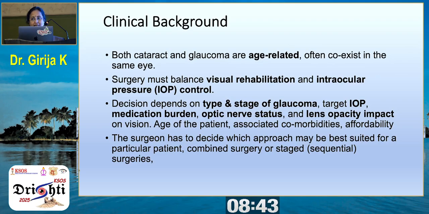And stage the glaucoma: what's the type of glaucoma, what target you want, the medication burden, whether the patient is compliant, the status of the optic nerve, the visual field defects, and the cataract's impact on vision. Always consider the comorbidities, the age of the patient, and the affordability, and decide which procedure you want to go ahead with.